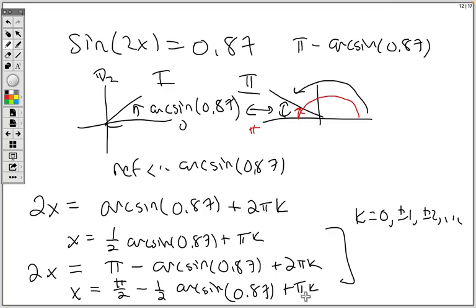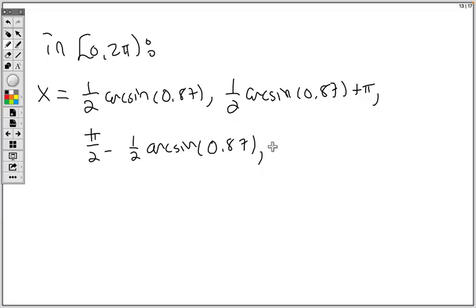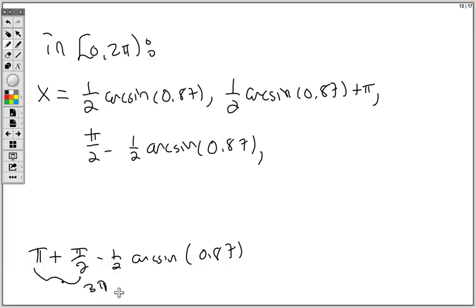If I add pi to this, I'd have pi plus pi over 2 minus 1/2 arc sine 0.87. That's 3 pi over 2.